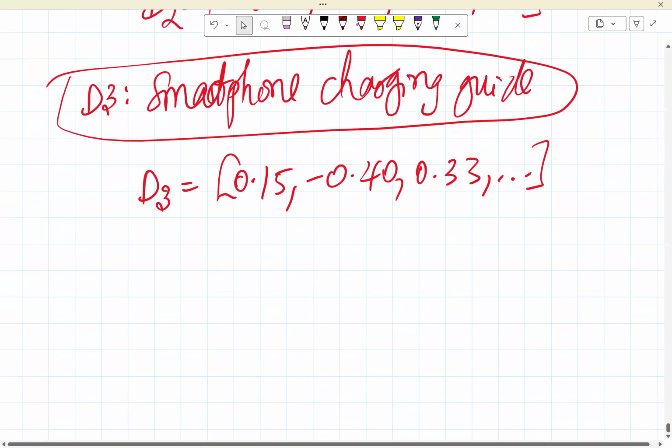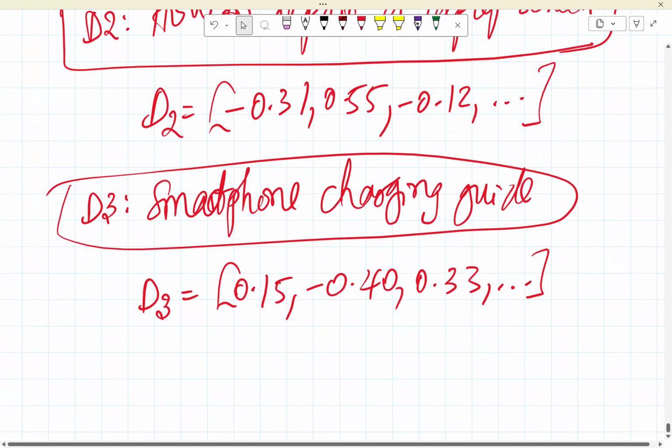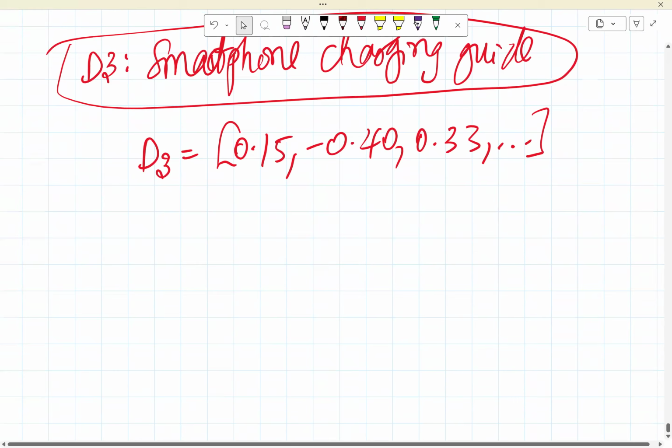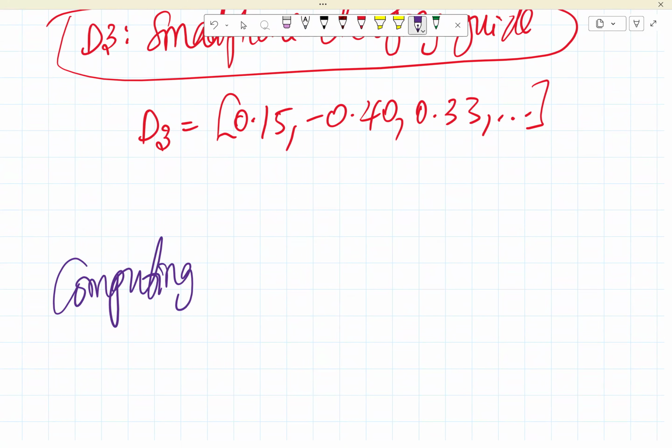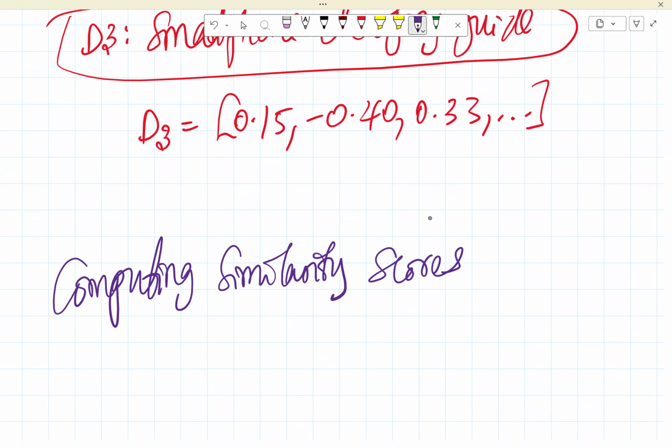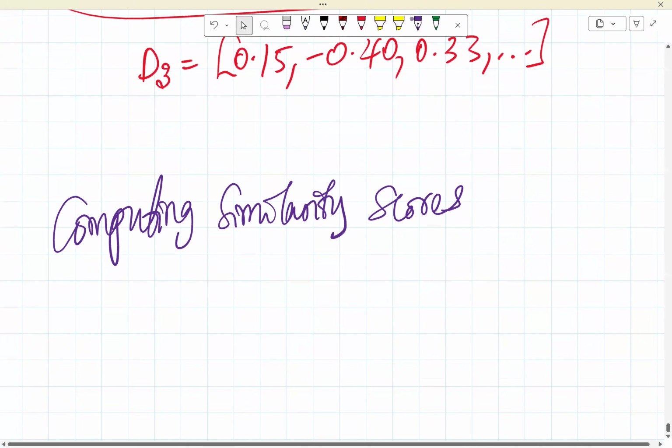Now we go for the fourth step. Step 4 is about computing similarity scores. The system computes cosine similarity between the query vector and every document.